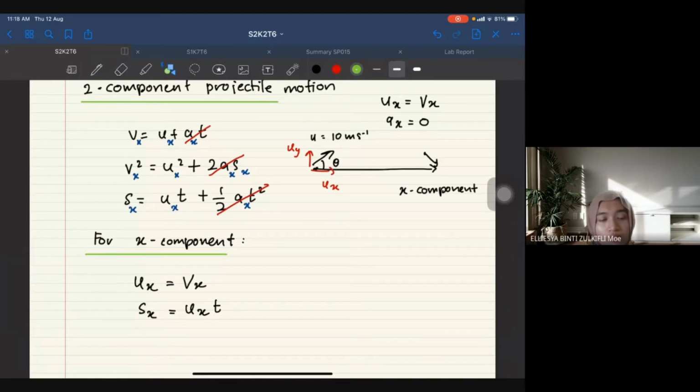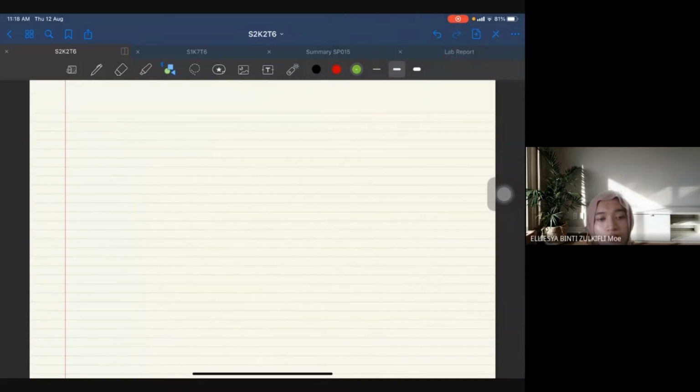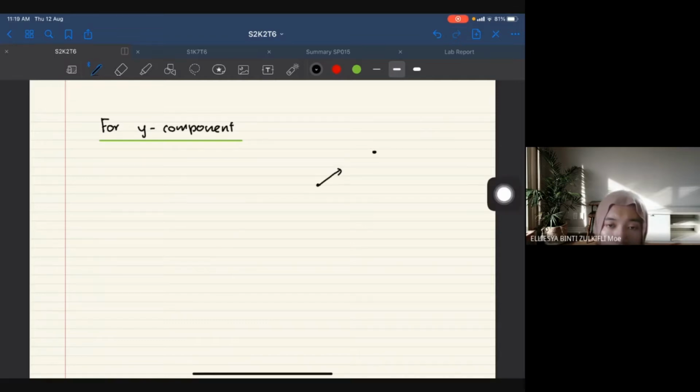Okay, now for the Y component, what we have is the equation for free fall motion that we learned yesterday. Exactly the same. Sebab apa? Even though this arrow is moving in this direction, katakan saya lukis.